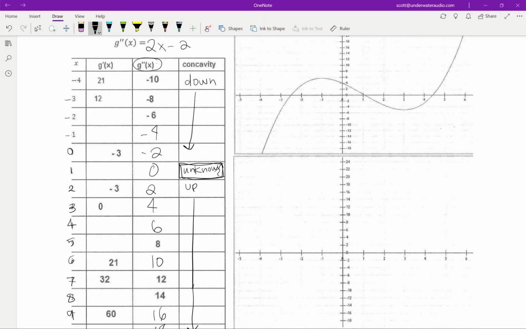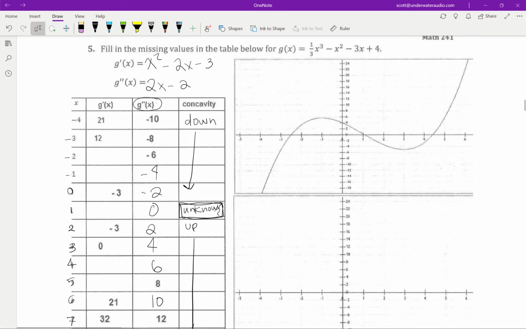And then for the rest of this table, I'm going to use a calculator because it's a quadratic. So give me a second to get myself ready. Okay, so the first value I need to do is negative 2.